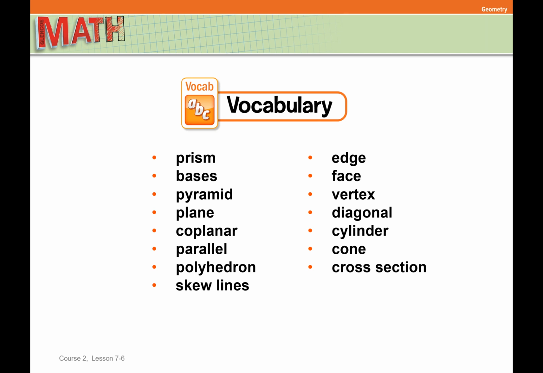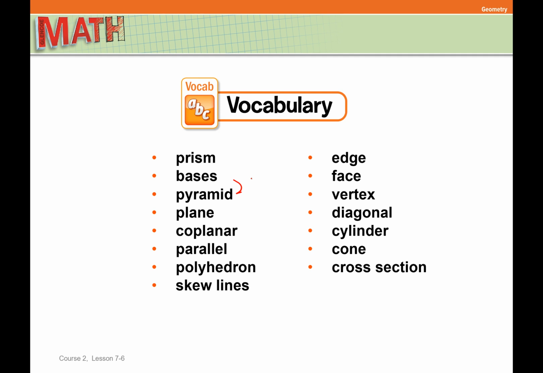Now, bases, something important to know with a base. Bases are when two faces are congruent and opposite each other. So they're congruent and they're parallel. They don't touch. Now, there's one exception to that, and that is when we get to the pyramid.